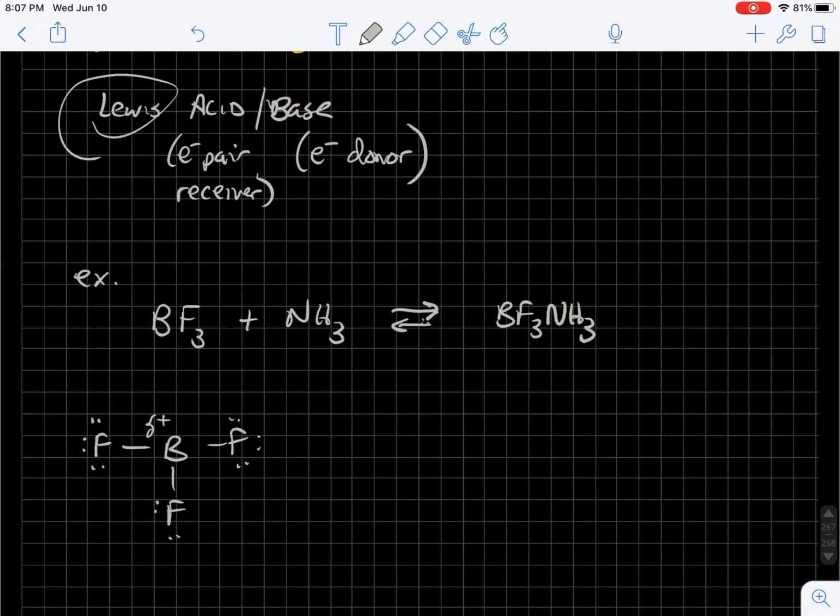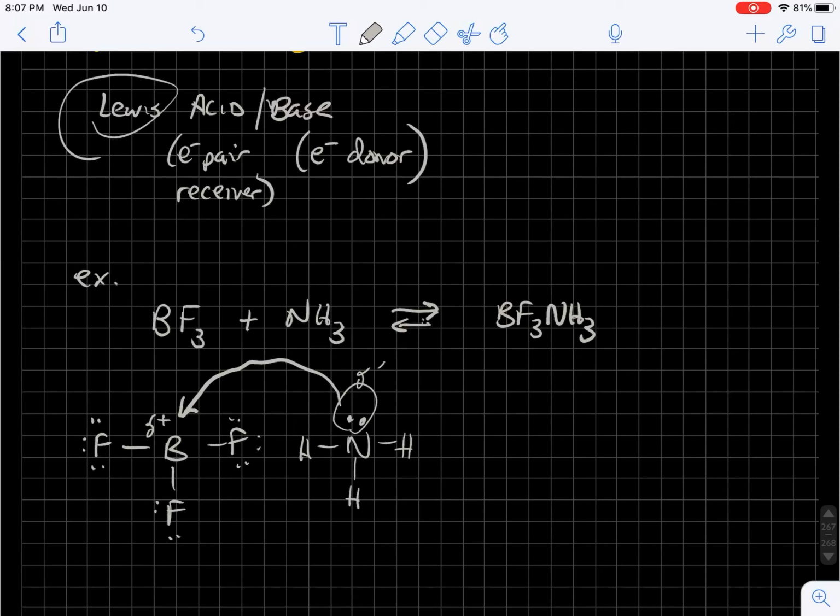It's deficient in charge, doesn't have 8 electrons around it. Whereas in ammonia, the nitrogen has an unshared pair. We have our 3 hydrogens. And this unshared pair is highly electronegative. So the negative and the positive are attracted to each other. We say the ammonia donates the electron pair to the boron trifluoride, and that's what creates the bond.